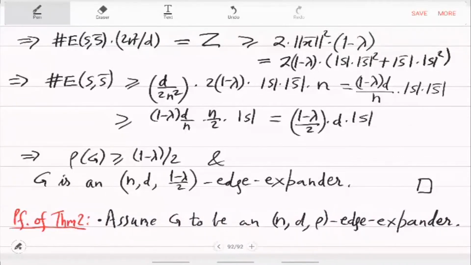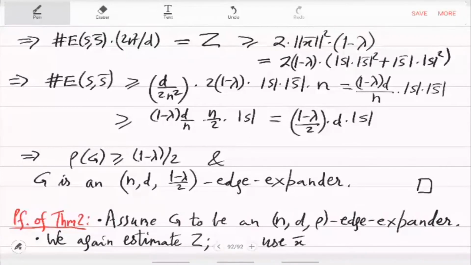So again we will use this bridge called Z. So we again estimate Z, but we evaluate it at a different x bar. Now x bar will actually be an eigenvector.